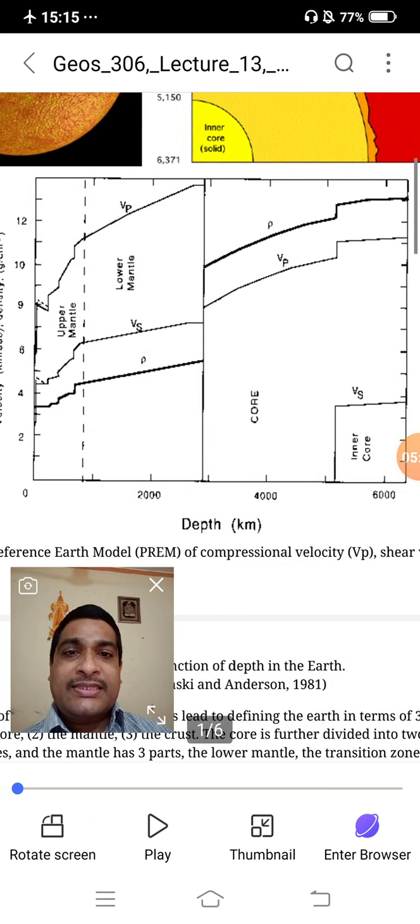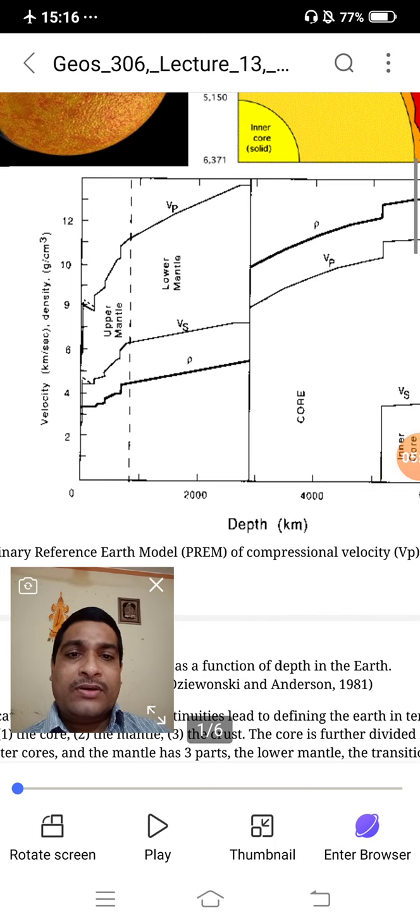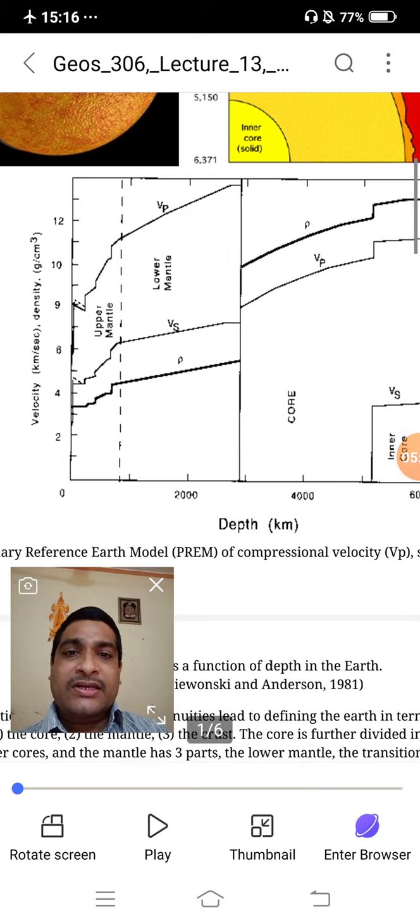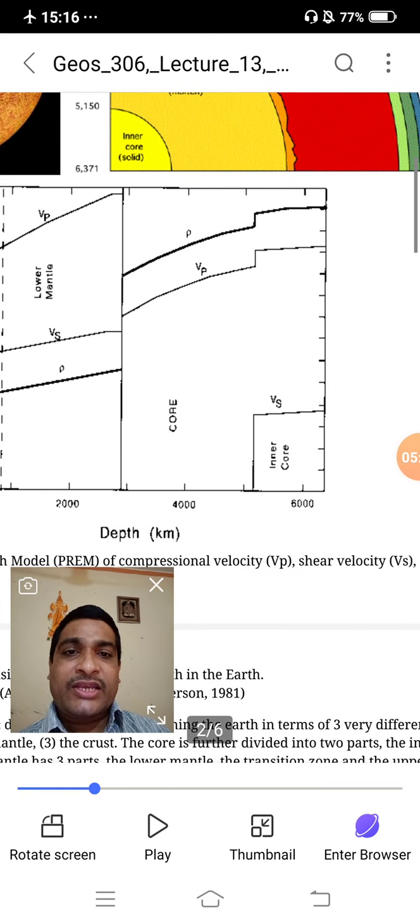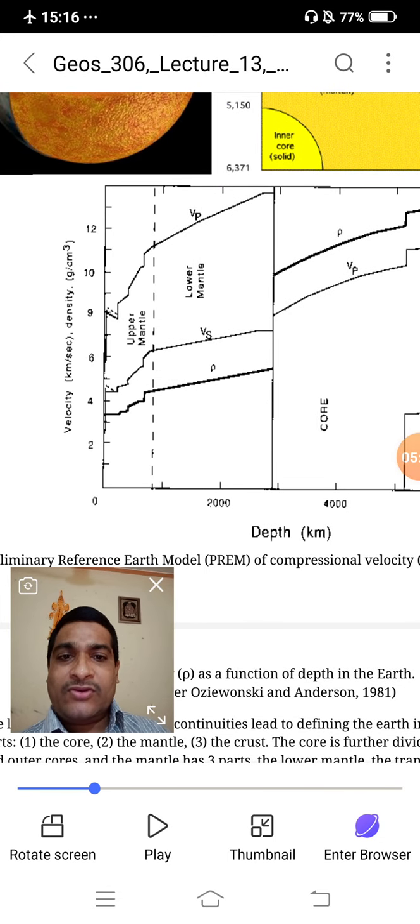Suppose this is the depth on the x-axis and on the y-axis the velocity or density per gram per centimeter cubed. You see this diagram. This is the crust, mantle and core, and this is the inner core. On the x-axis is depth in kilometers, and on the y-axis velocity in kilometers per second, and the density of the earth material is given in grams per centimeter cubed.